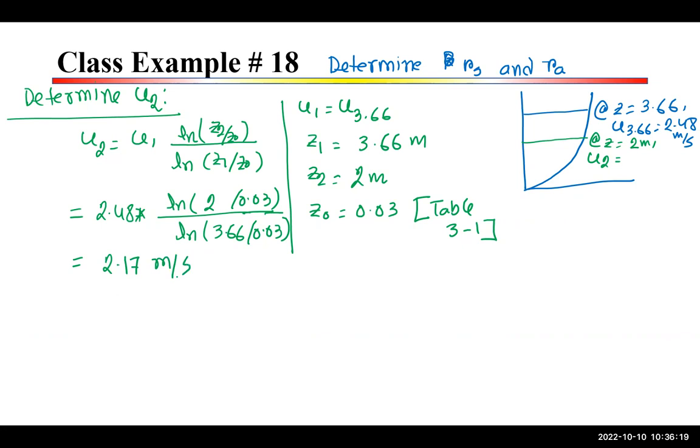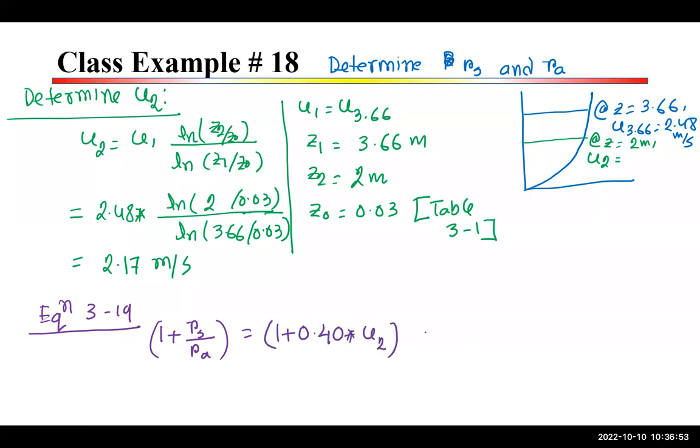Great. Now I can work with RS and RA, right? So if you go to that page number 3 on your copy, you will see equation 3.19 is 1 plus RS over RA, this one.